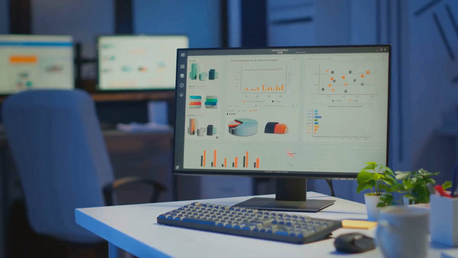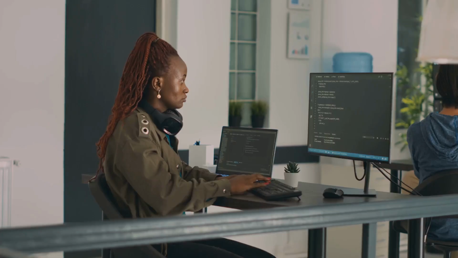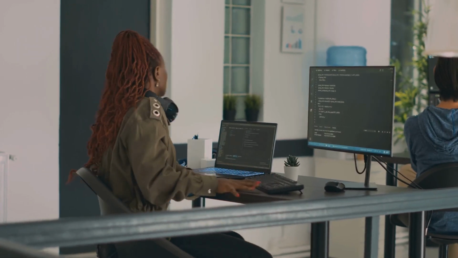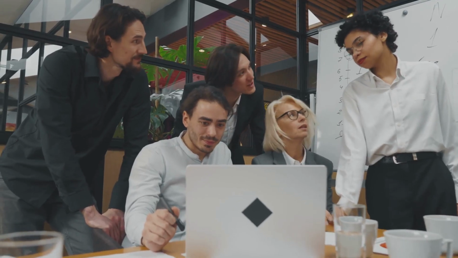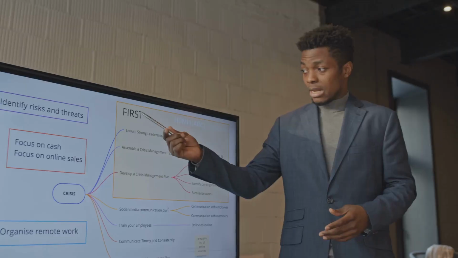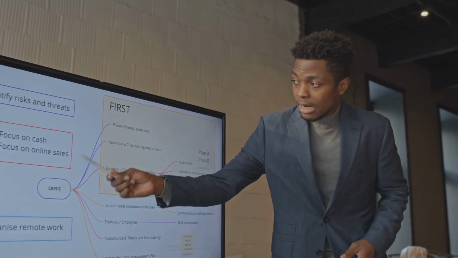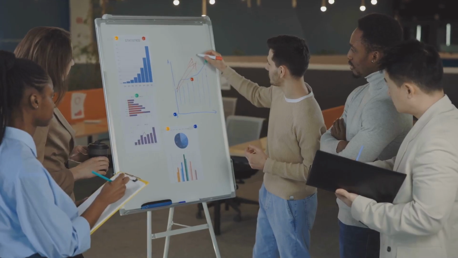Microservices' isolated nature ensures that a failure in one service doesn't impact others, enhancing fault tolerance and system resilience. In essence, microservices offer a more agile, scalable, and resilient alternative to monolithic architecture. This approach addresses the growing pains of complex applications, enabling businesses to adapt quickly, scale efficiently, and deliver reliable software solutions.